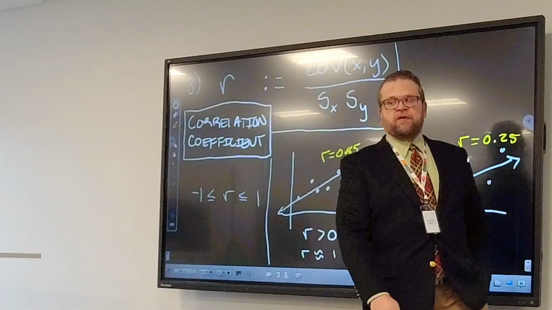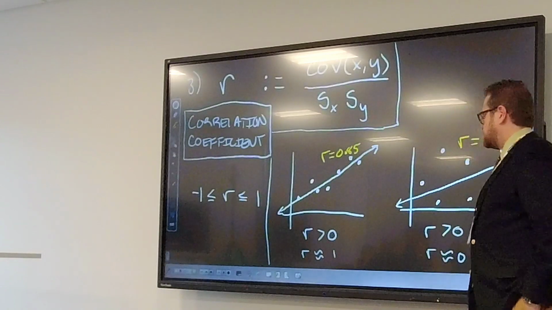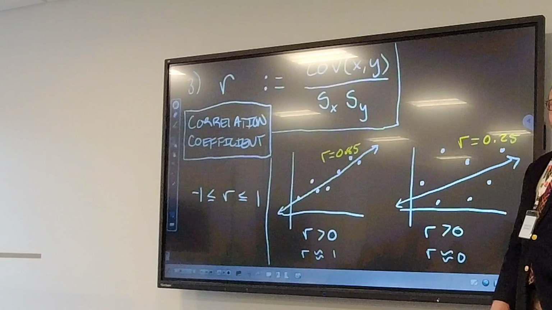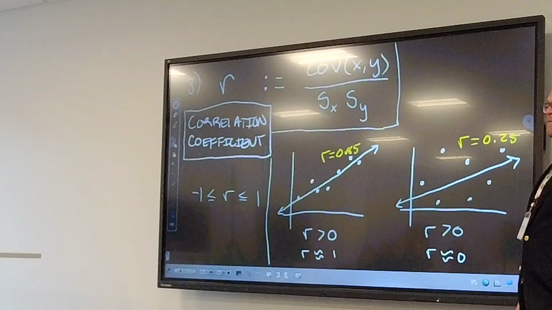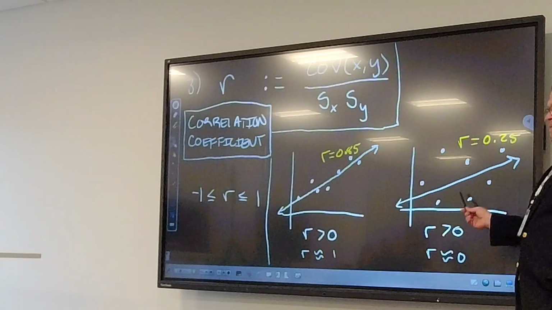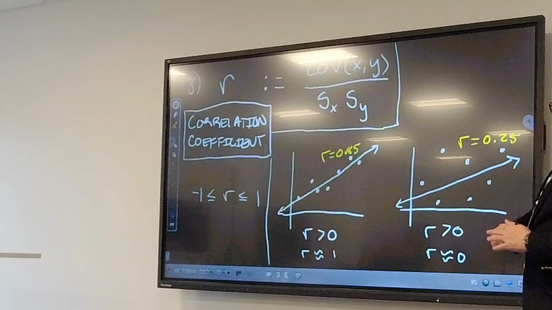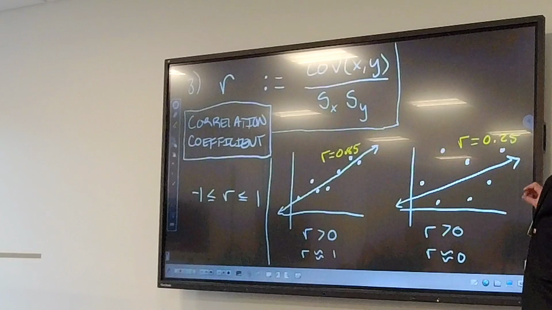What's it going to be like if R is negative? It would slope down. The slope of the line would be negative when R is negative. So you'd have data points that are kind of going downhill.